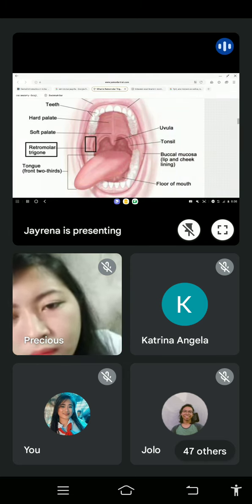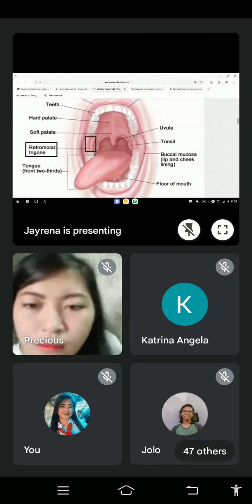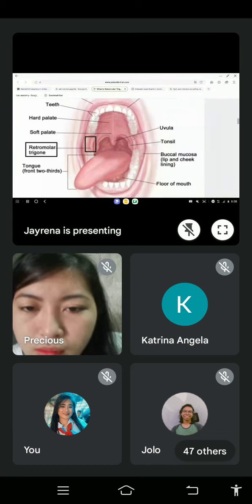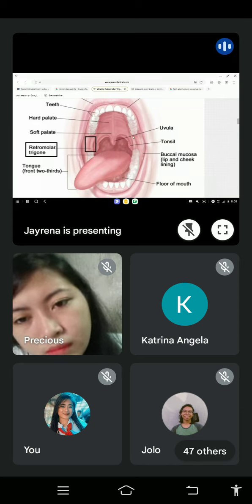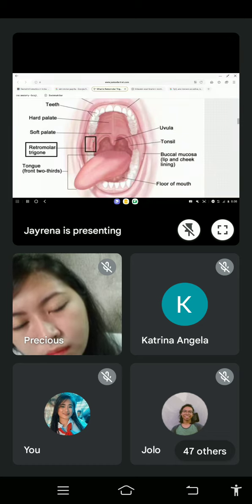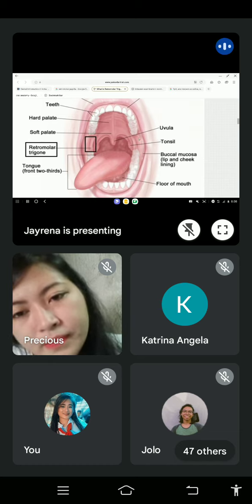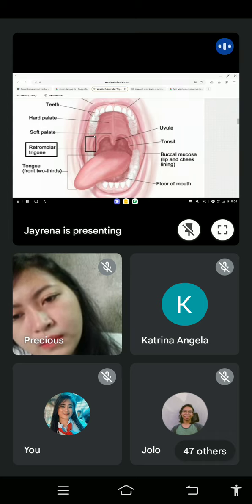Yan o, yung part ng gingiva na to pababa. So you call it as retromolar papilla from your last tooth, your third molar pababa. Do you understand? So this one is retromolar papilla. This one is also retromolar papilla. So retromolar papilla is the gingival extension from your third molar pababa.